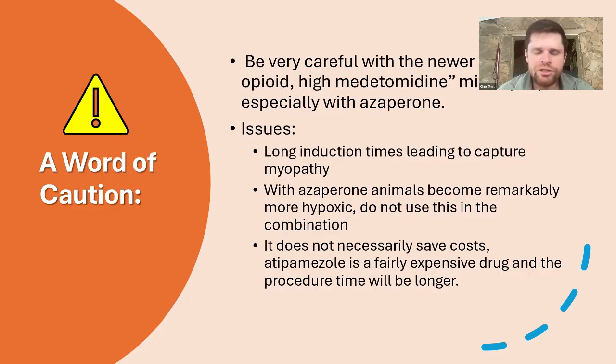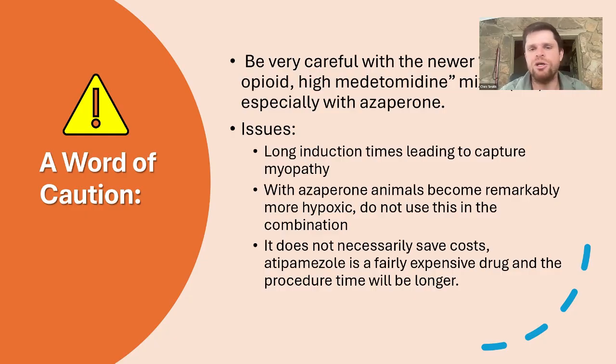Again, with the above-mentioned protocol with azaperone, the animals became remarkably more hypoxic than what we saw with just the potent opioid and azaperone combinations. The initial use for it was that it was a lot cheaper, I should say. But a drug like atipamezole, which you have to use now if you are going to antagonize your medetomidine, is a very expensive drug as well.